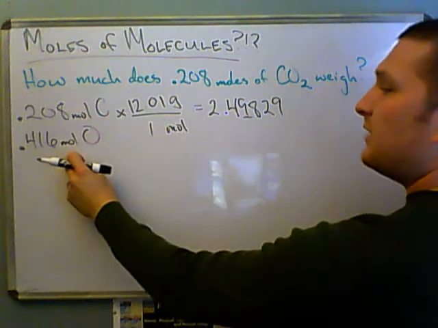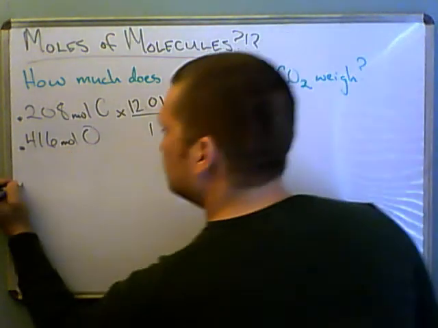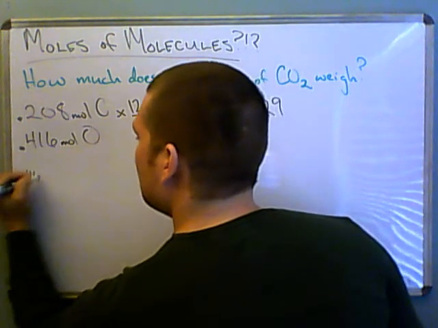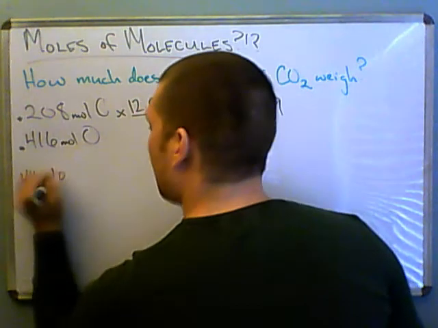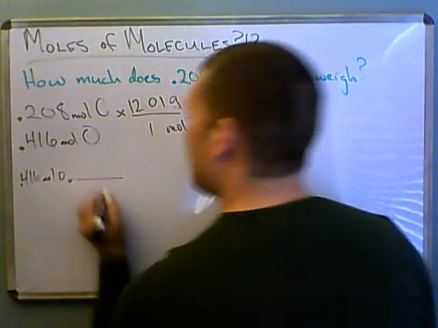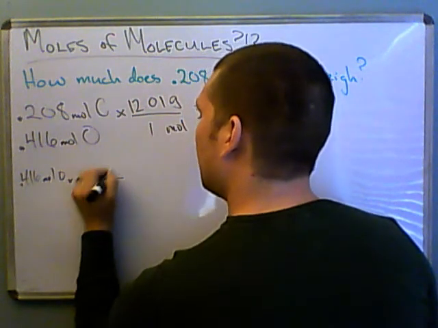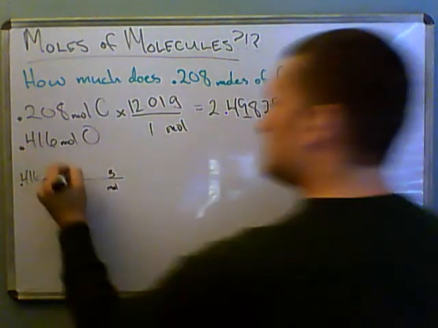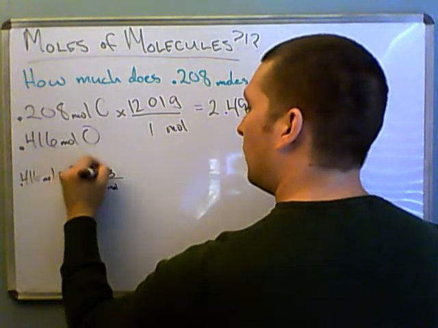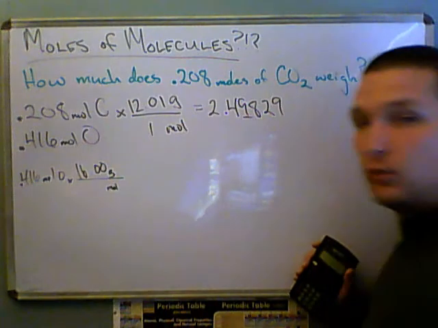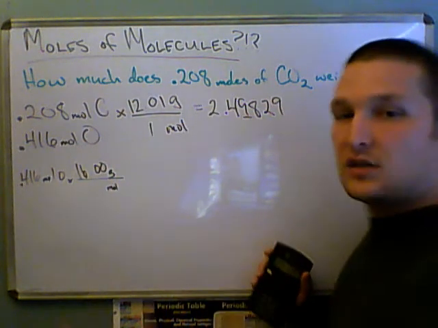I want to do the same thing with oxygen. 0.416 moles of oxygen. I'm going to look on my periodic table and get my conversion ratio, and it's going to say 16.00, or it could say 15.9994, whichever one you're using.